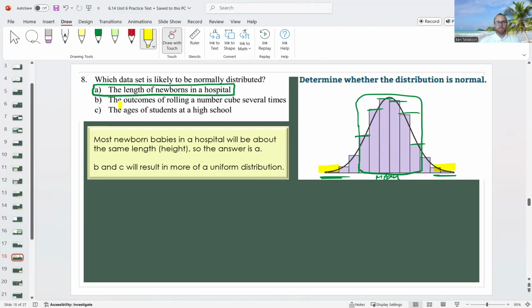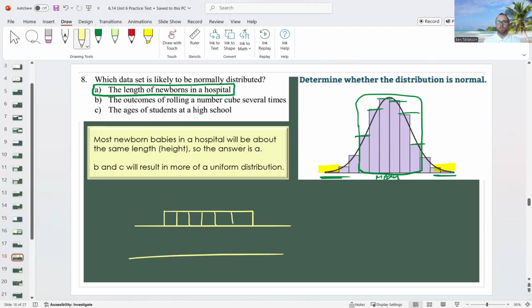Now, these other two, B and C, are not normal distributions. The outcomes of rolling a number cube several times. Well, a number cube has 6 sides, but the probability of landing on any of them is the same. Is that 6? 1, 2, 3, 4, 5, 6. Yeah. So that is a uniform distribution. The ages of students at a high school, that is also uniform distribution.